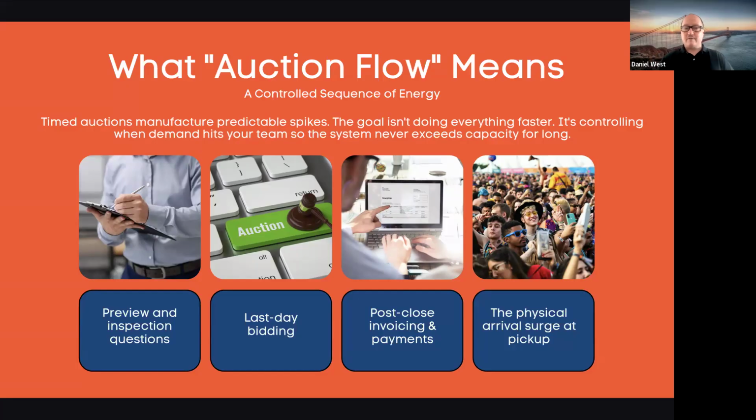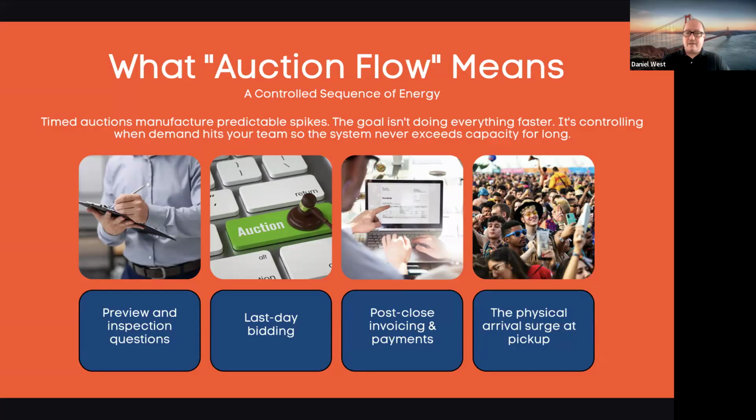The known spikes, the ones that are most common: the very first spike, of course, comes during the preview period, when the inspections are available, when people can come in person. In most cases, people can come in person and preview what they intend to purchase. But in some cases, preview might be entirely online only. That's a decision that has to be made.